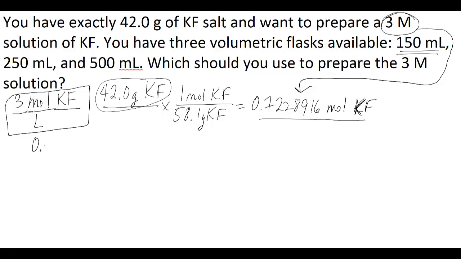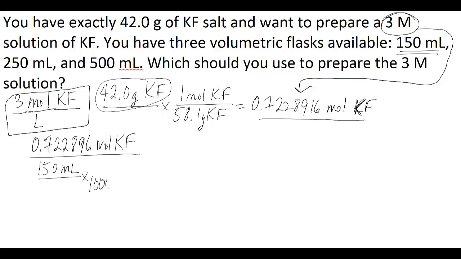So you have 0.722896 moles of potassium fluoride, and you're using the 150 milliliter volumetric flask. Because you want molarity, which is in moles per liter, you have to convert milliliters to liters. So you can do that right in the denominator. And what you would get is something like 4.819, which you can round to 5 molar.